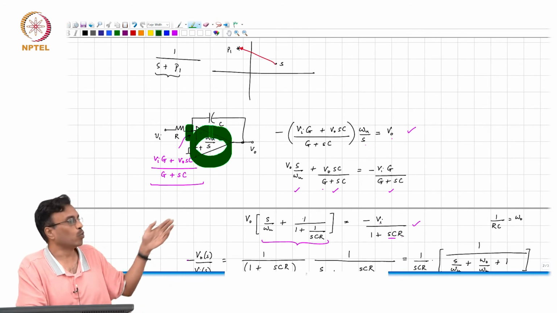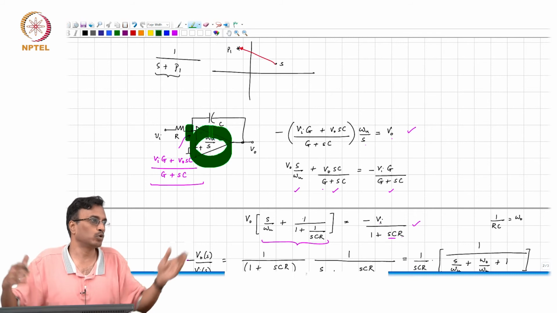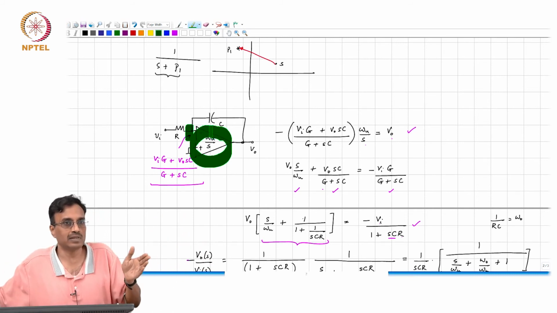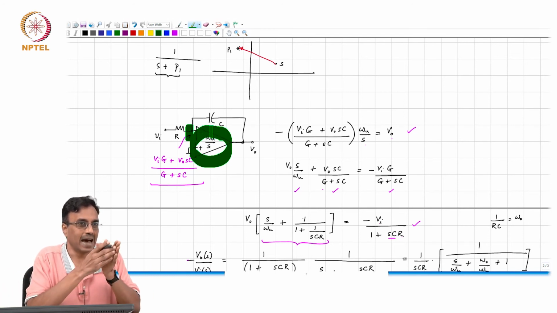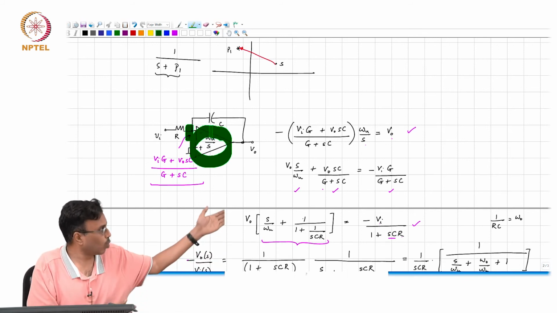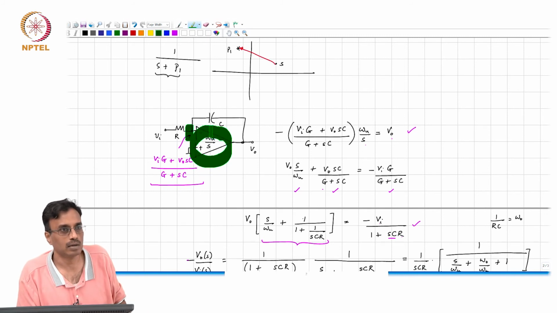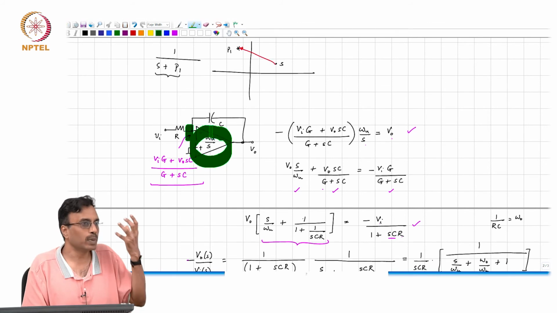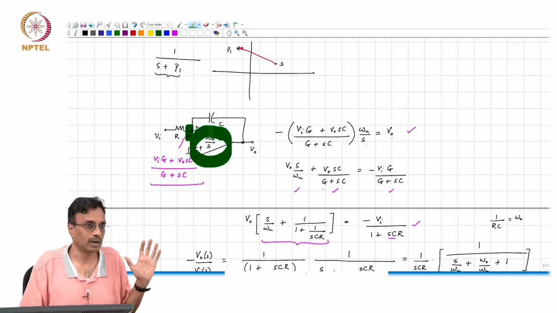So if you want this to work like a good integrator up to at least omega naught, and obviously including frequencies much higher than omega naught, then over that range you must ensure the gain of the op amp is large. What would be the gain of the op amp at a frequency omega naught? The magnitude of the gain would be omega u over omega naught, right? That number better be much larger than 1, correct?